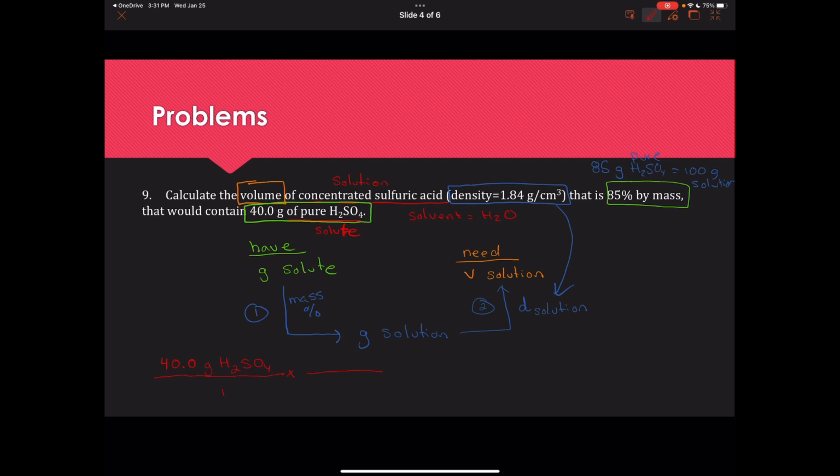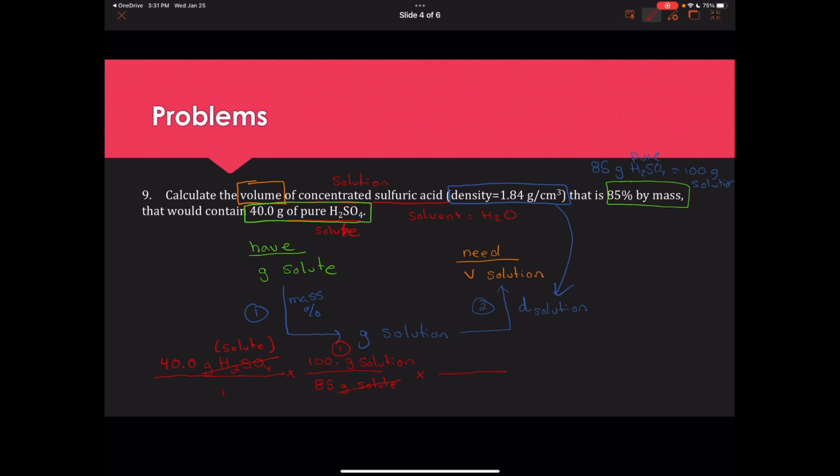I need to cancel my solute grams. So I'm going to put the 85 grams of my solute on the bottom, with the 100 grams of my solution on the top. That way my solute grams cancel, and I'm left with solution grams. So that's step 1.